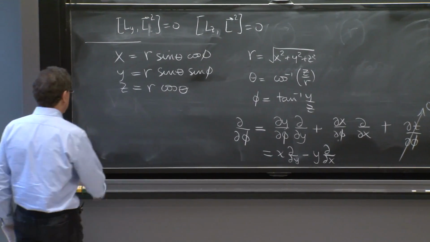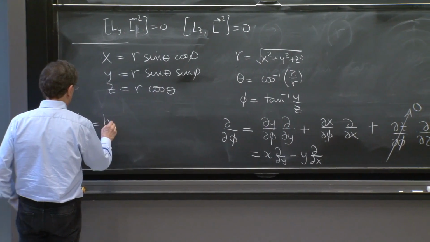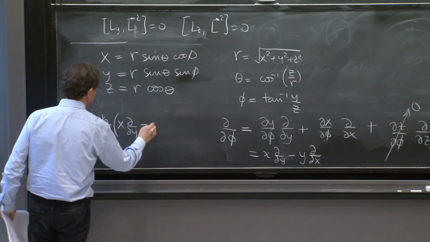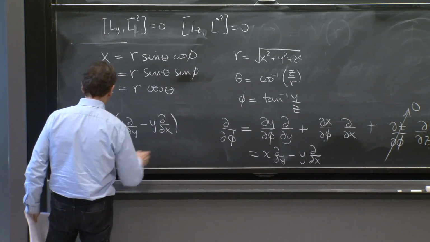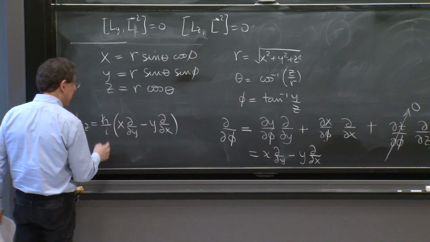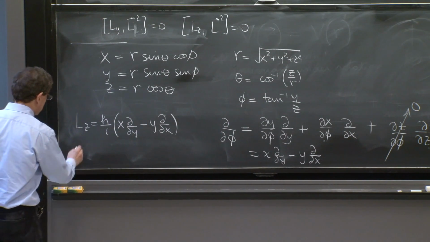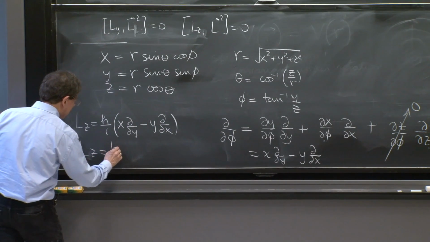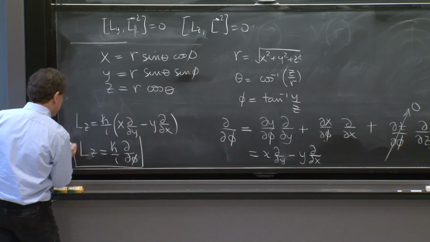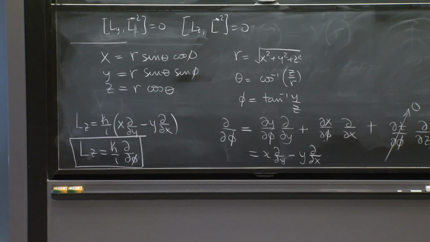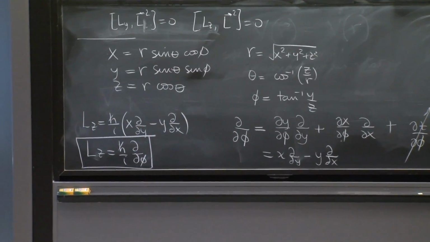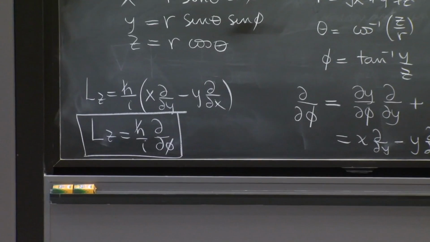So indeed, Lz, which is ħ over i, x ∂/∂y minus y ∂/∂x. ħ over i is because of the p's, x py minus y px. And this thing is ∂/∂φ, so Lz you've discovered is just ħ over i ∂/∂φ. A very nice intuition that tells you that the angular momentum in the z direction is associated with this operator.